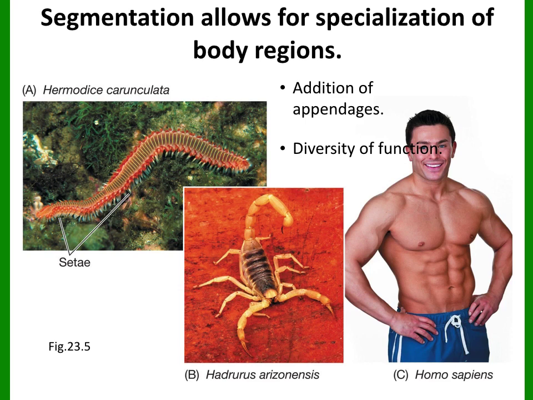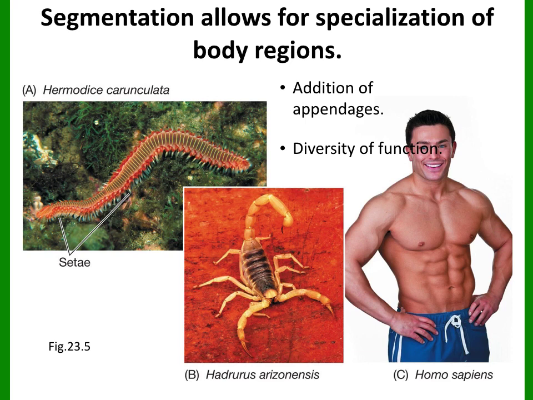If one of its limbs gets injured, it still has millions of legs to deal with the walking. But other animals like arthropods and even humans and vertebrates have taken the segments that we have and did what we call specialize them. And that means change them to do specific functions. So in the case of arthropods, I'll show you this in just a minute, they have 3 distinct segments in their body.